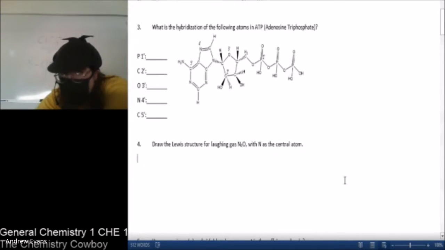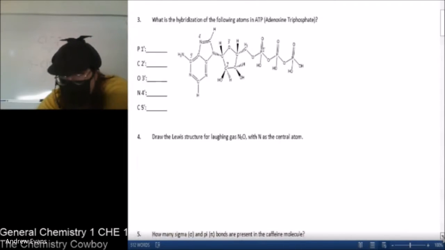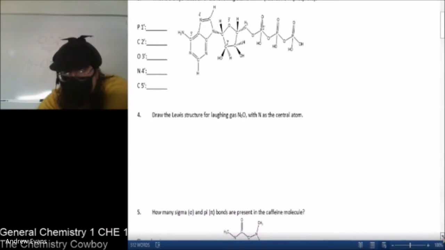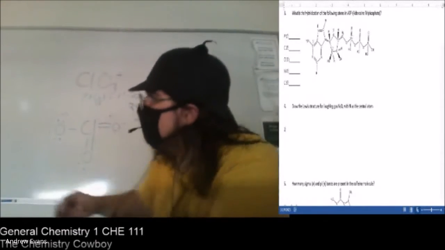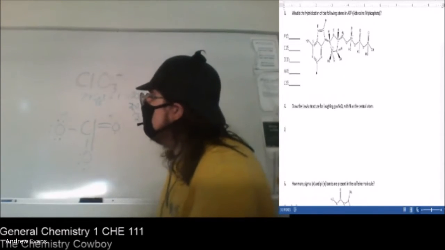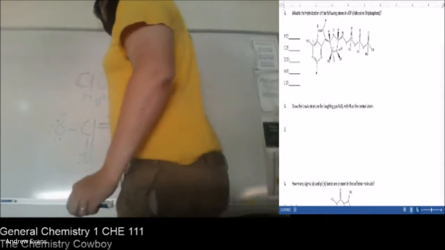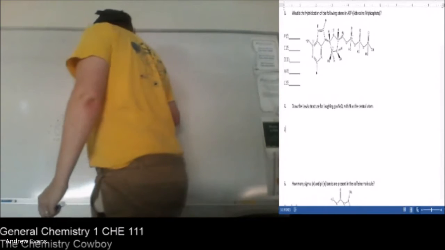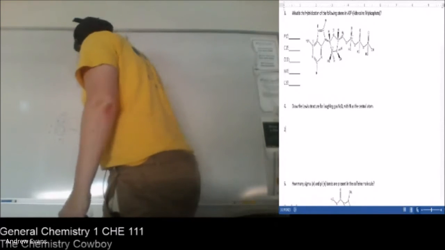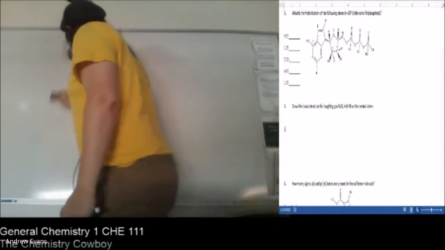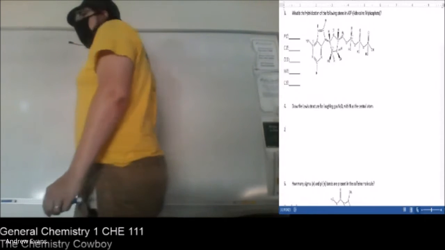Now, once again, this is a hard structure. N2O. I'm not giving you something so hard this time around. N2O. There's 2 N's, but only one N will be the center atom. So it's basically like NNO.